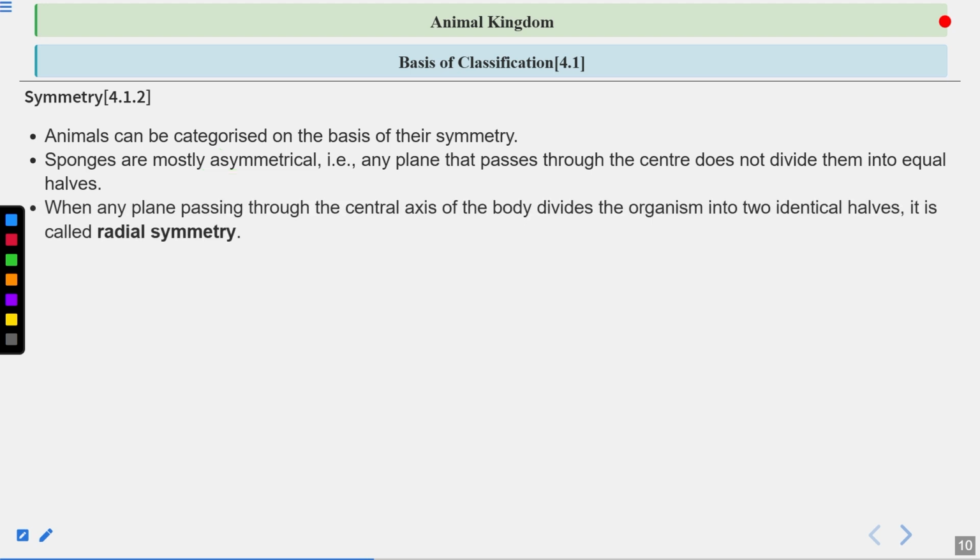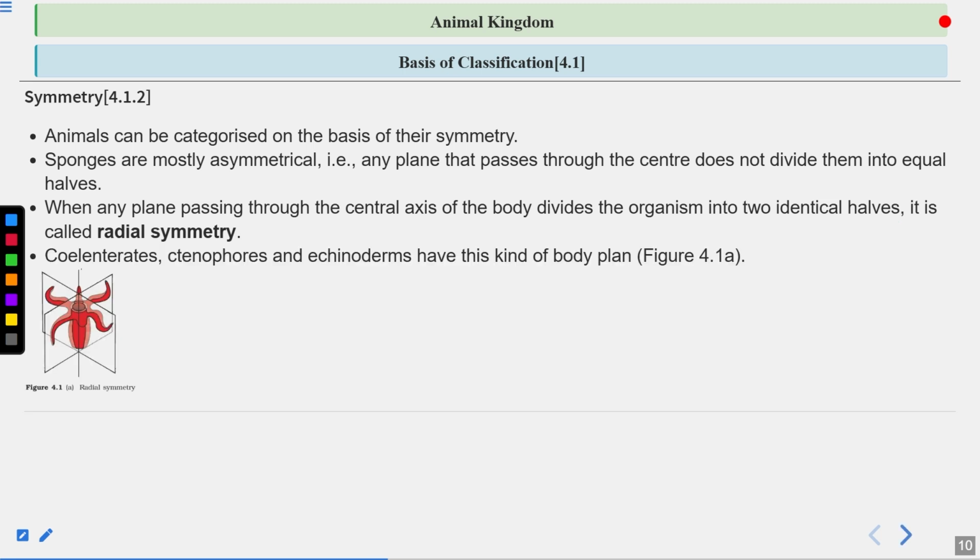So when any plane passing through the central axis of the body divides the organism into two identical halves, it is called radial symmetry. So here we can see with the help of this figure. Coelentrates, ctenophores, echinoderms have this kind of body plane. You can divide this organism from this plane into two equal halves.